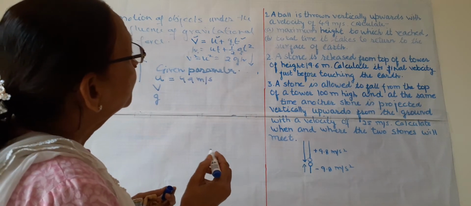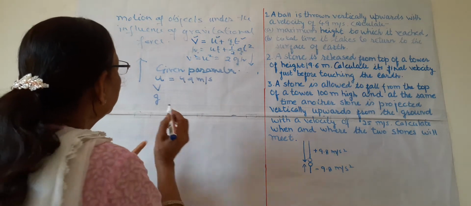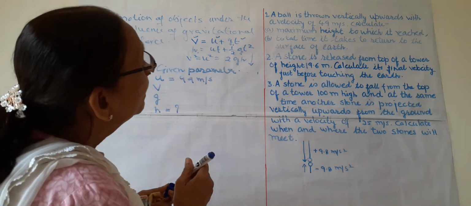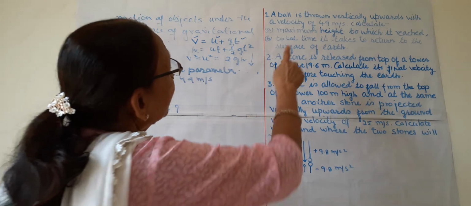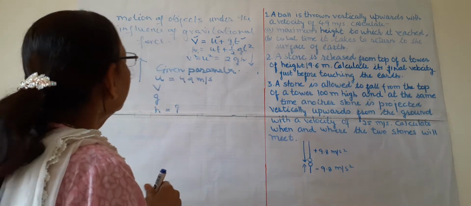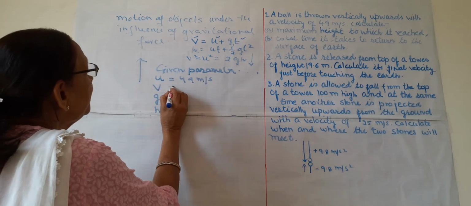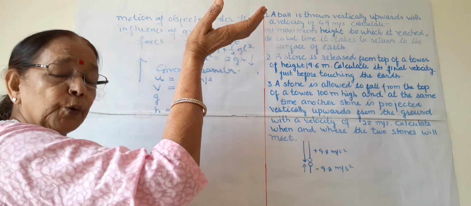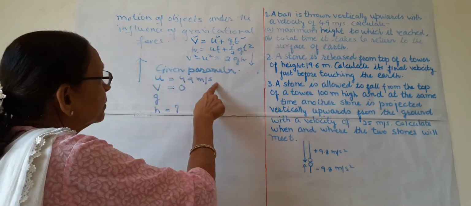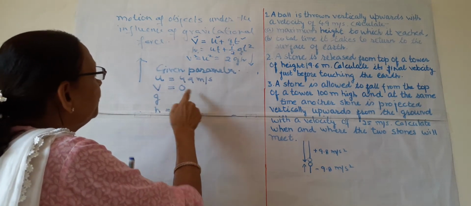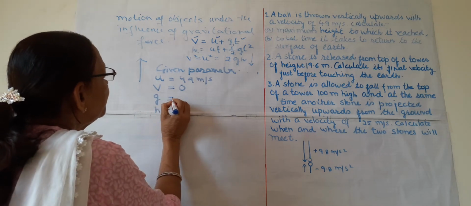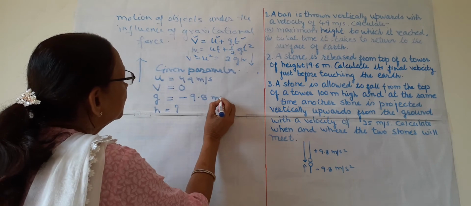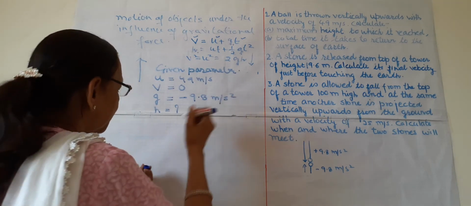So we have to calculate maximum height, and second, time. So here v is 0. When something is thrown up then u is not 0, it is 49, and v is 0 and g is minus 9.8 meters per second square.